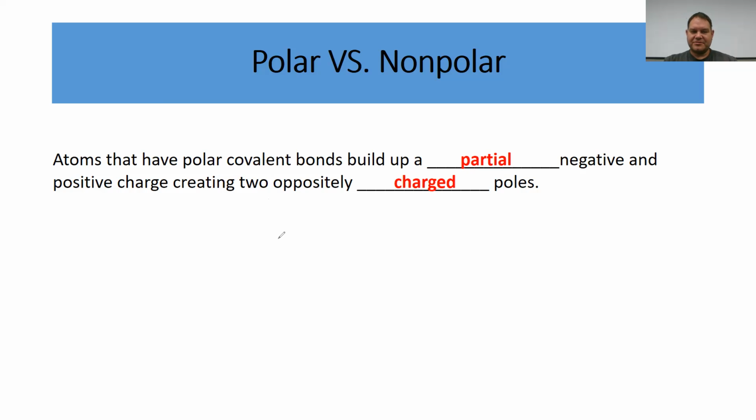So going back to our chlorine, let's say this is our hydrogen and chlorine bond here, okay? And because of the unequal sharing of electrons, the chlorine is going to create a partial negative charge and the hydrogen a partial positive charge.